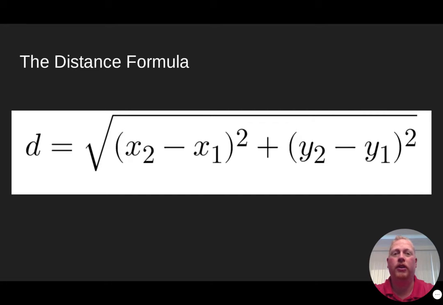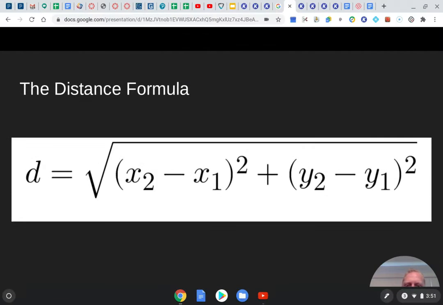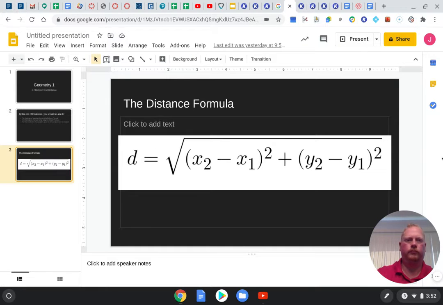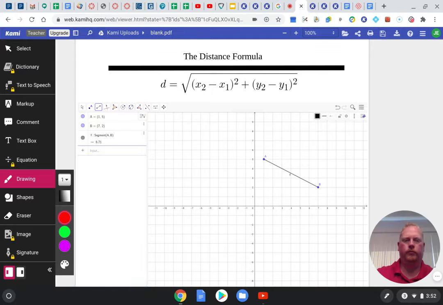Let's take a look at how we can use it in practice. So here we have segment AB, we can see right here on the grid, and it tells us that point A is (1, 5) and that point B is (7, 2).